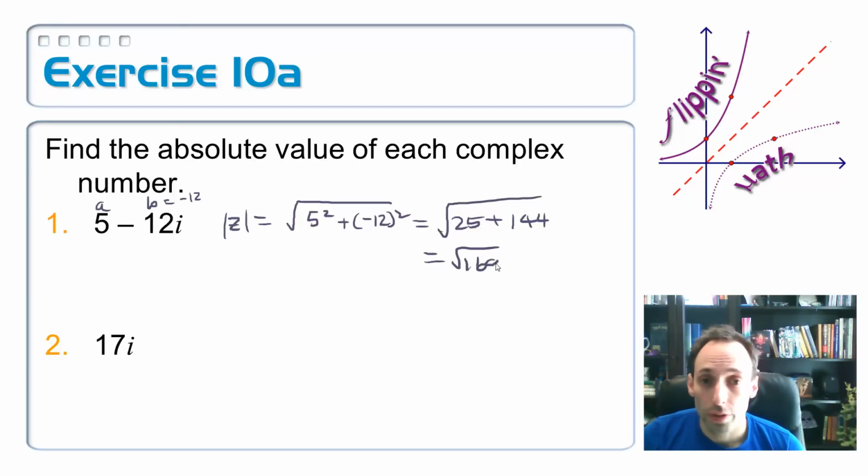Square root of 169, which I think is 13. Look, we got another whole number there. If you don't know, that's another Pythagorean triple.